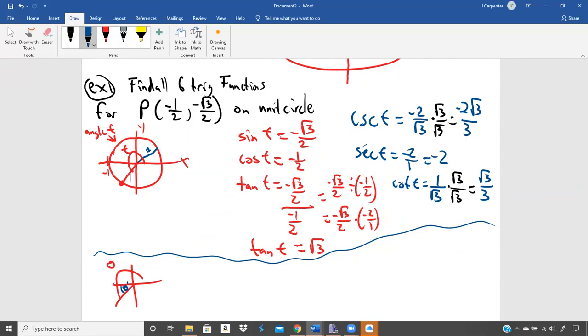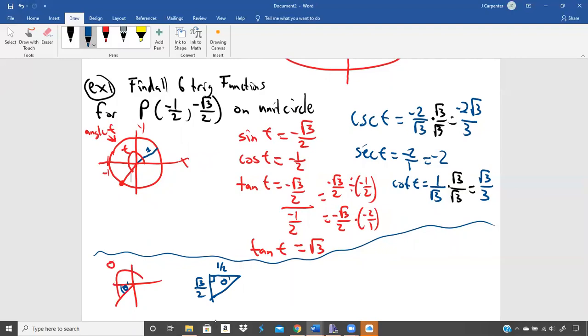Well, you have to use the coordinates to figure out how far left and how far down to go. So zooming in on that triangle, because the x coordinate's negative 1/2, that says we're going left 1/2. Because the y coordinate's negative square root of 3 over 2, that says we're going down square root of 3 over 2. But when you draw up triangles like this, you're technically not supposed to put the negatives.